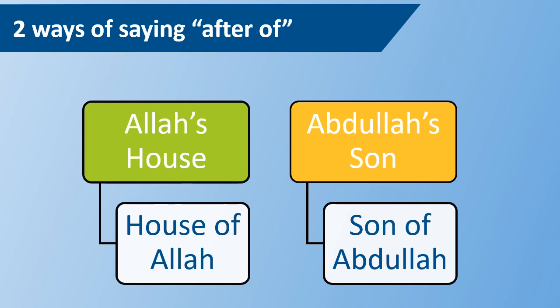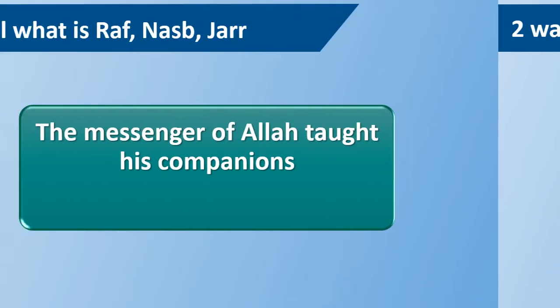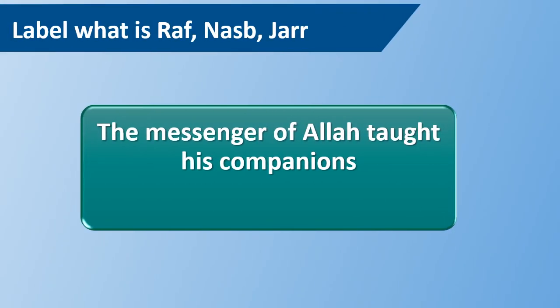So you'll not always find of, but be smart enough to recognize that there is a hidden of in Allah's house. So in this example, the word Allah is still jar, and in Abdullah's son, Abdullah is still jar.